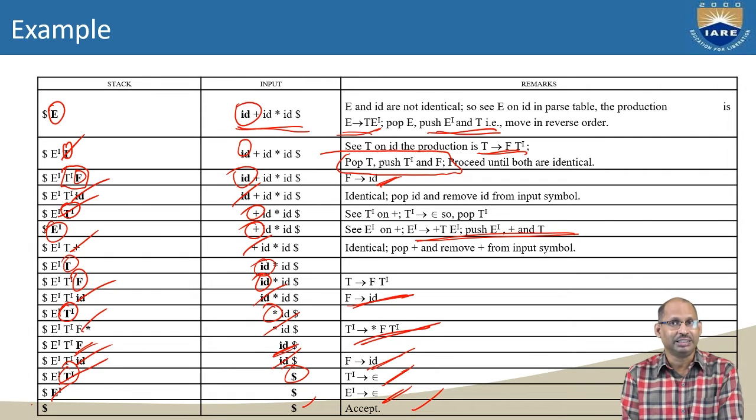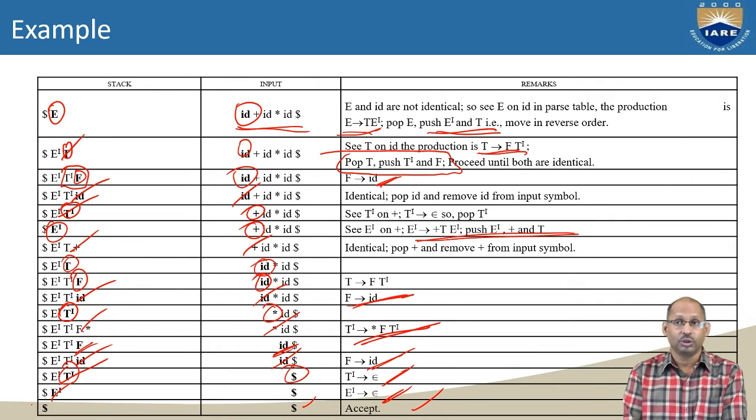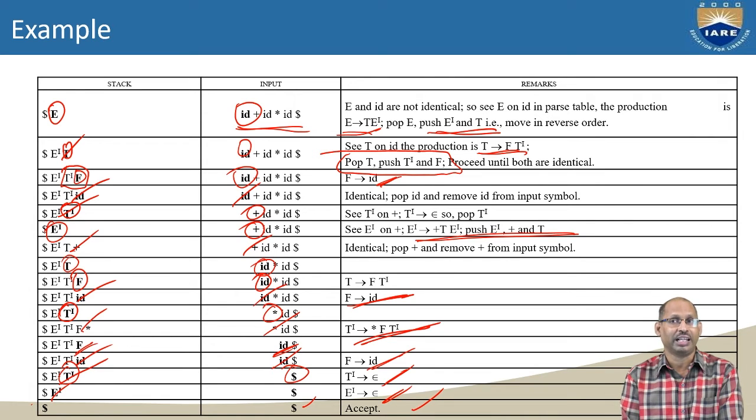If the stack symbol, the top of the stack, is a terminal and it matches with the input terminal symbol, simply we delete. And we continue till the stack has the dollar sign and the input has the dollar sign, then it is accepted. Otherwise, it gives error messages. Right? So all the blank spaces in the parsing table are considered as errors.